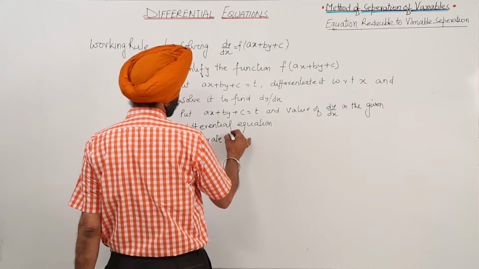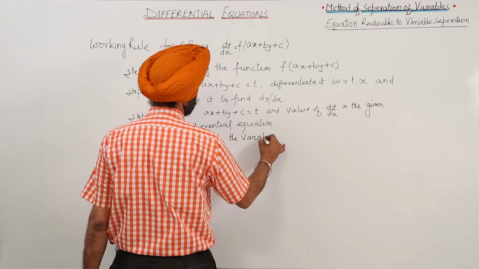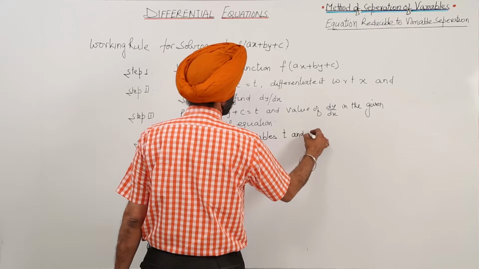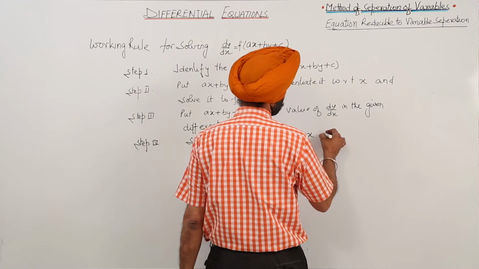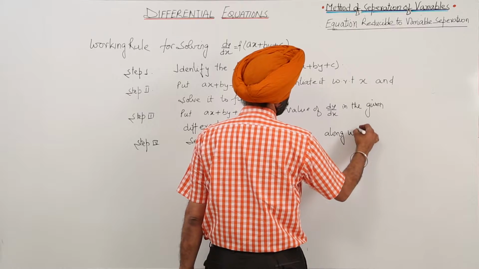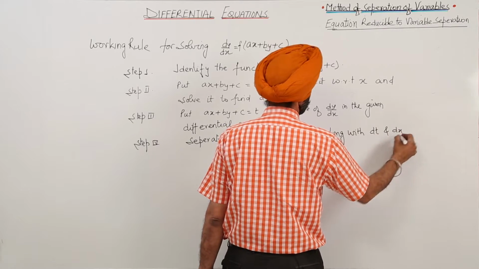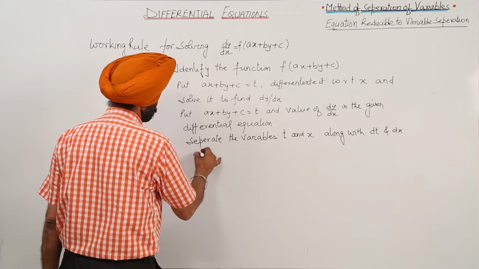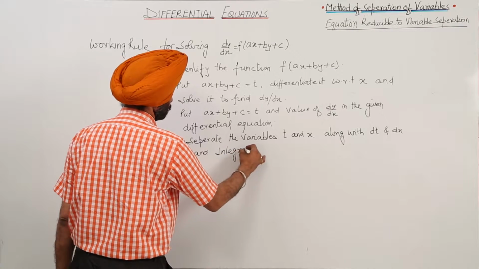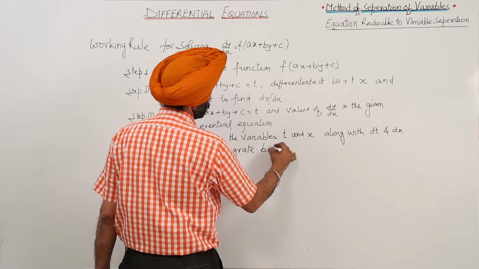Now separate the variables t and x along with dt and dx and integrate both sides.